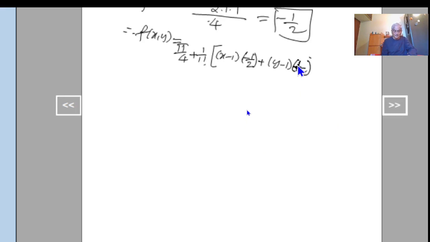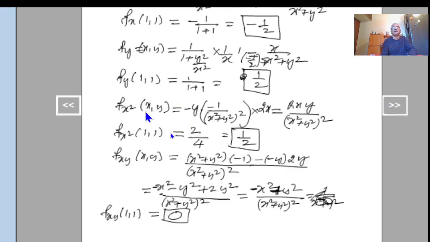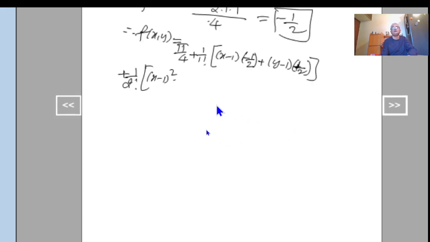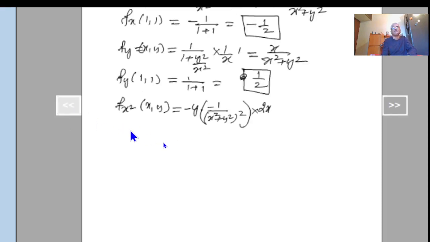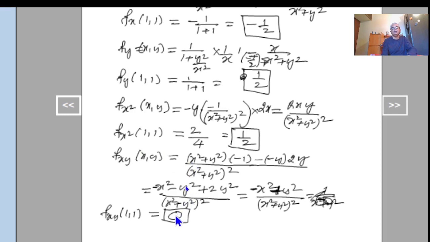Plus 1 by 2 factorial into (x minus 1) whole square into fx square. fx square is equal to 1 by 2. Plus 2 into (x minus a)(y minus b) into fxy. What is fxy? My fxy is equal to 0.